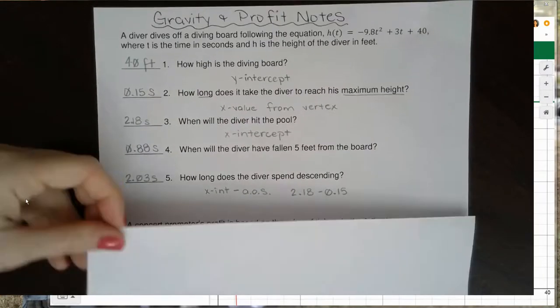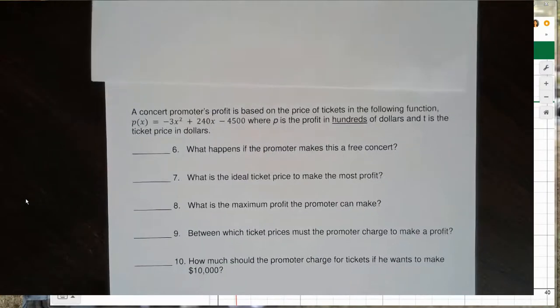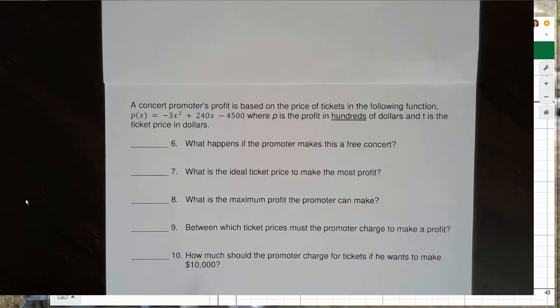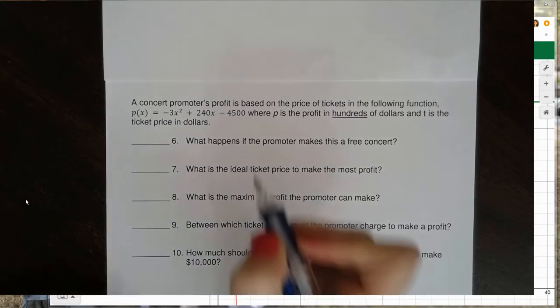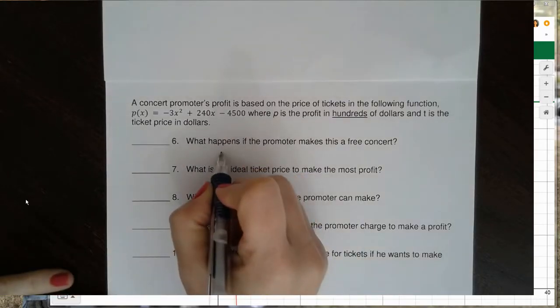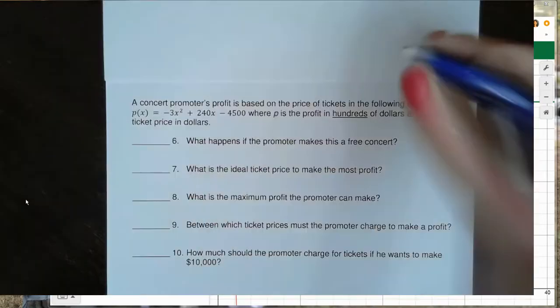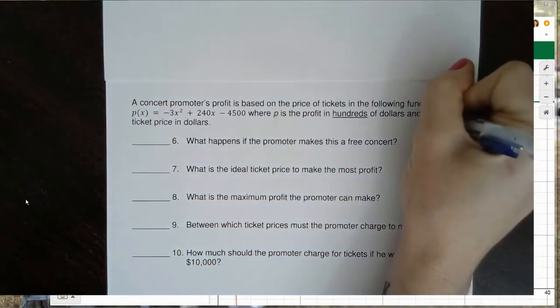And so we're going to switch over to looking at our profit question. So again, I'm looking at what these key features will mean in terms of this word problem. If he's making this a free concert, this means that my X value, T, is ticket price.